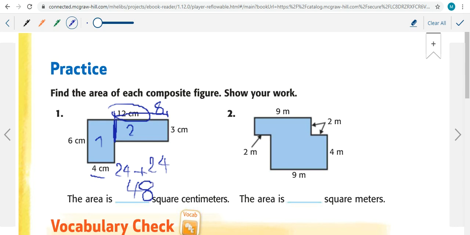Okay? Now, let's do number 2. How are we going to find the area of this figure? Well, we need to first find which are the two figures that make this composite figure. Now, this is rectangle 1 and this is rectangle 2. Now, we multiply 9 times 4 to find the area of this rectangle, which is 36.